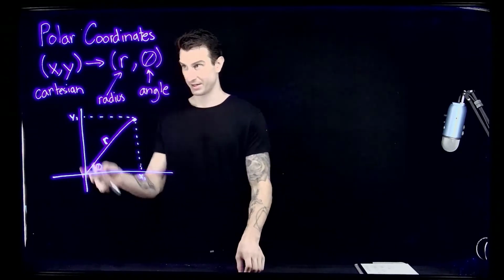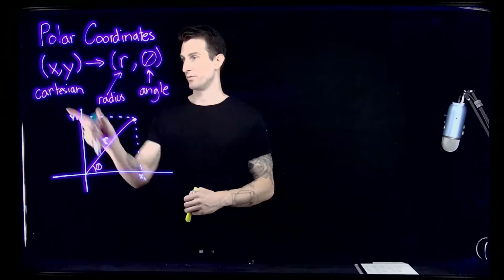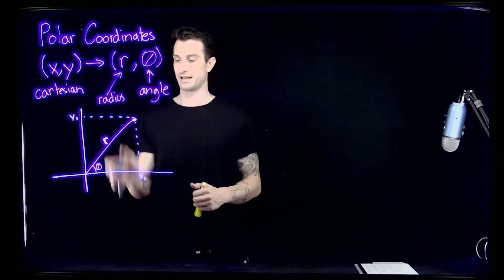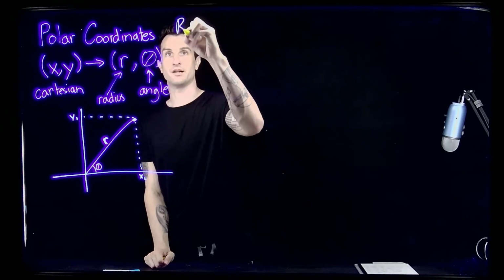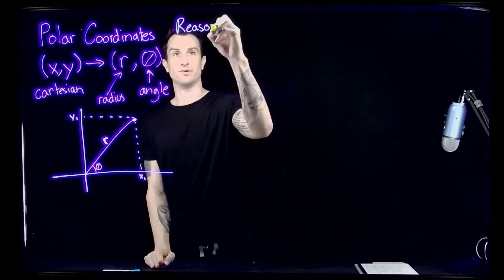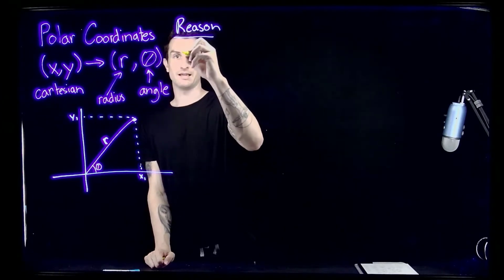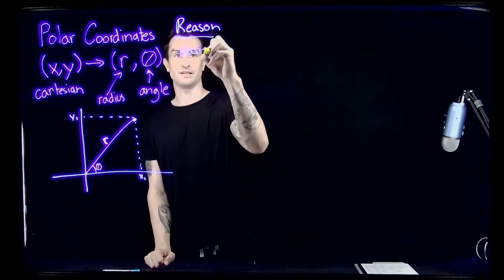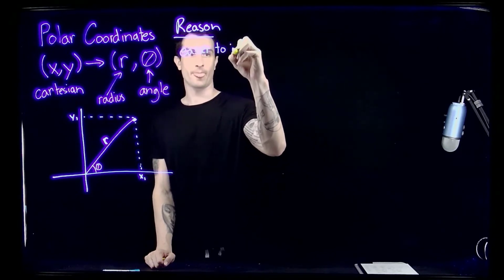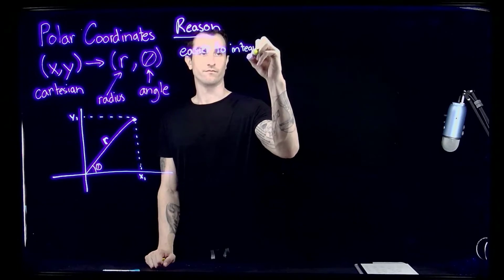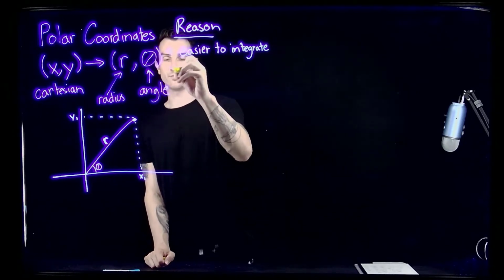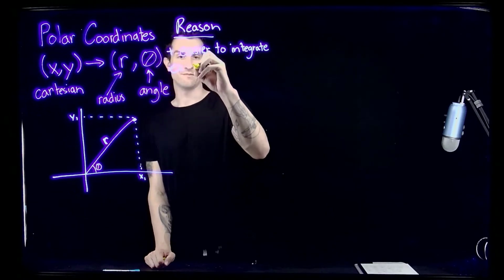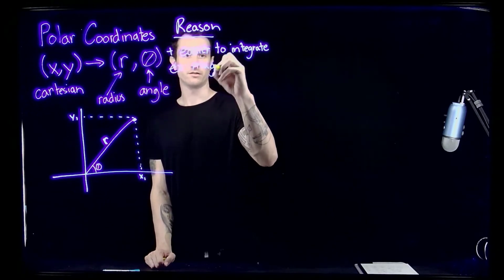Now the question is, why would we do this? Why would we go from xy's to r thetas? Well, in some cases, let's put reasons over here. The main reason is it's easier to integrate. Some examples that you would see would be magnetic fields.